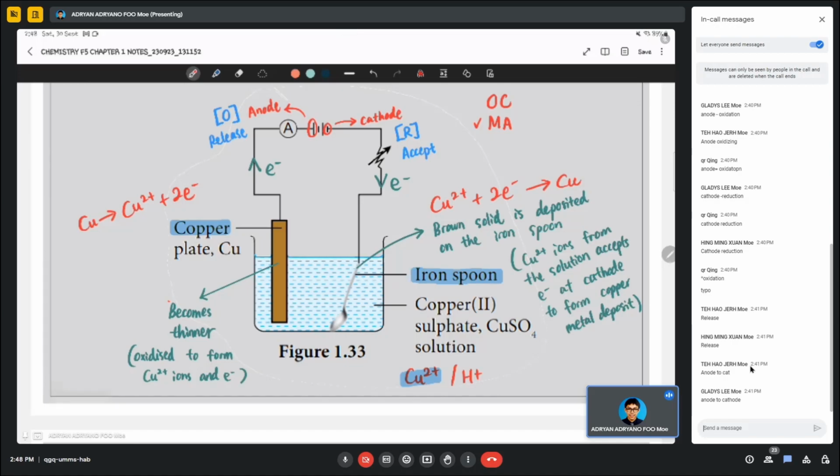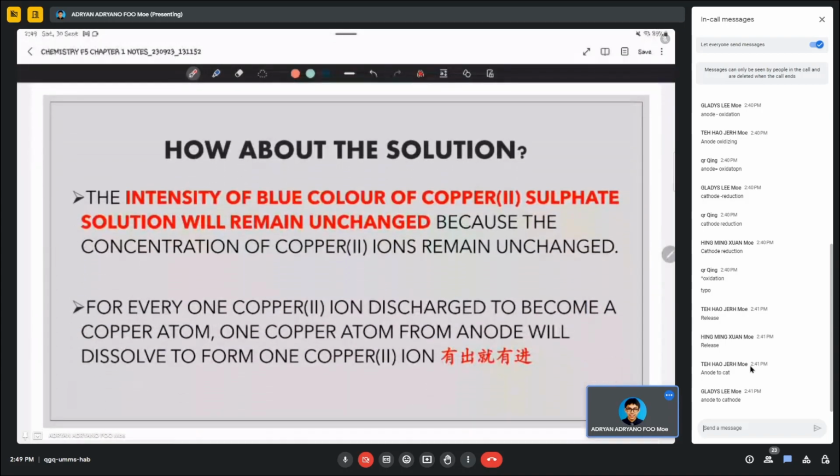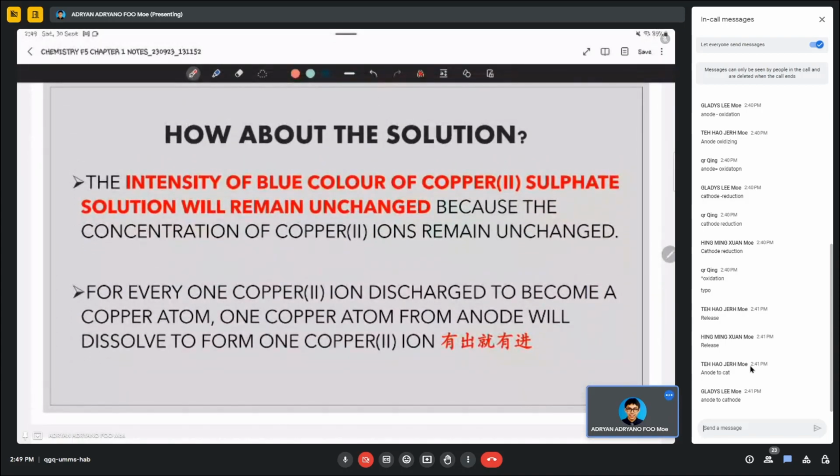So I can use copper 2 nitrate, because it is soluble. Use a soluble salt; you cannot use copper 2 carbonate because it is not soluble. What happens to the solution? The intensity of the blue color of copper 2 sulfate remains unchanged, because the concentration of copper 2 ions doesn't change.